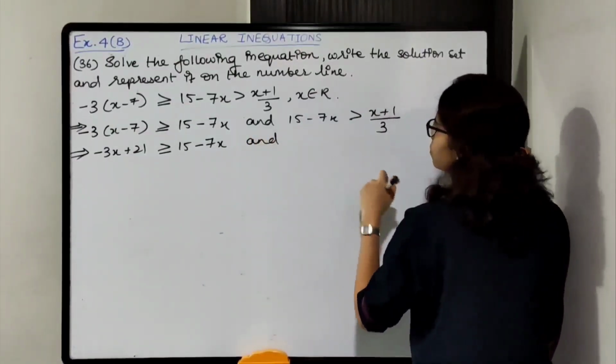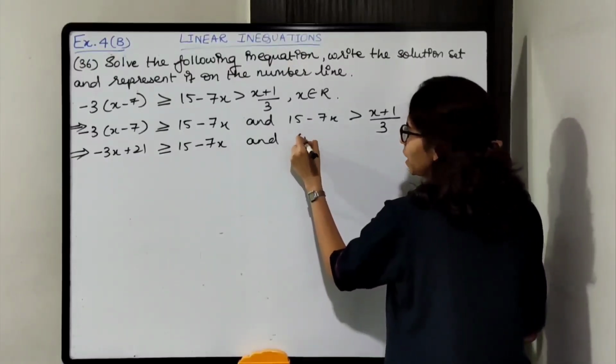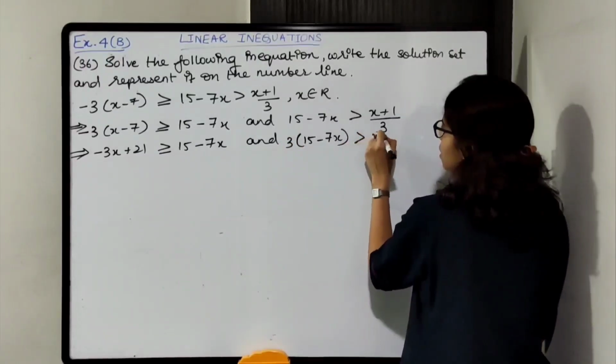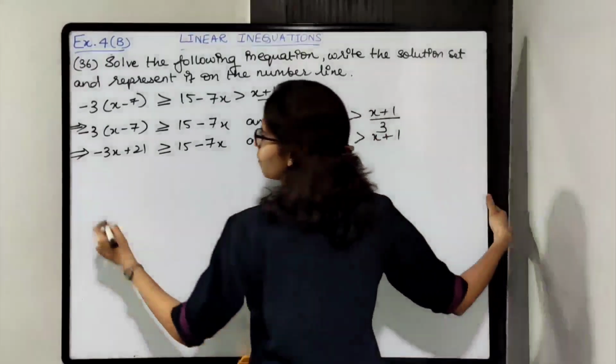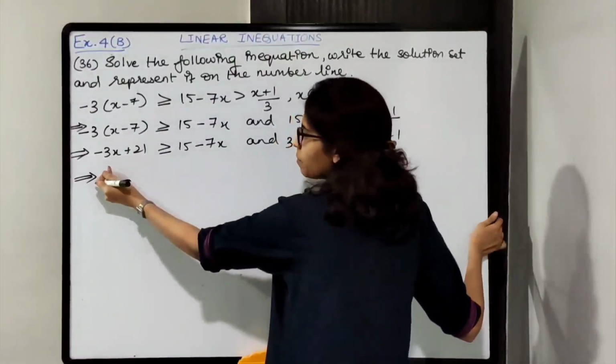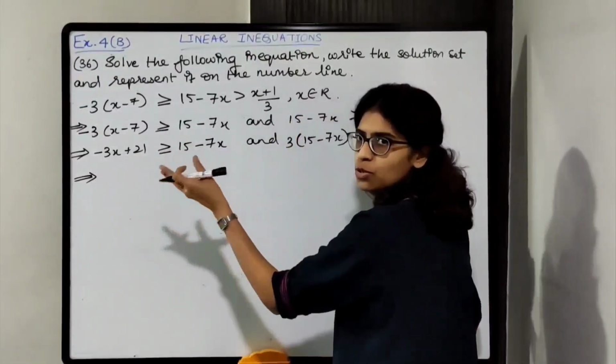And over here, we'll shift 3 on the other side, okay? So, put brackets 15 minus 7x, the whole into 3 is greater than x plus 1. 7x we'll shift over here, okay? Group x on one side and numbers on the other side.